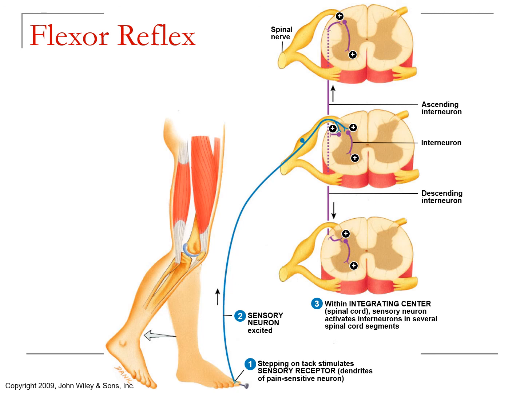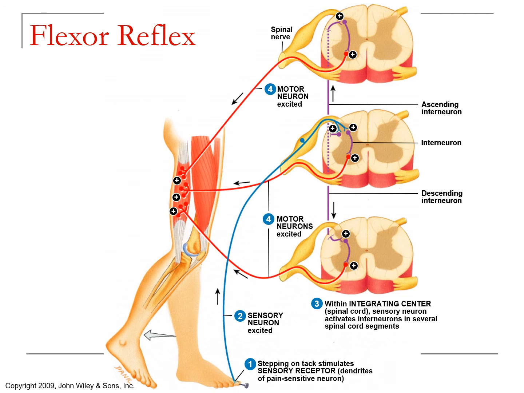These interneurons then synapsed with motor neurons in those several levels, which sent signals out along motor neurons to the muscles of the hamstring group, which would be the effector. Contraction of the hamstrings causes flexion at the knee, which withdraws the lower limb or the leg from the painful stimulus. So that's the flexor reflex. There are others. These are the two for which you are responsible.